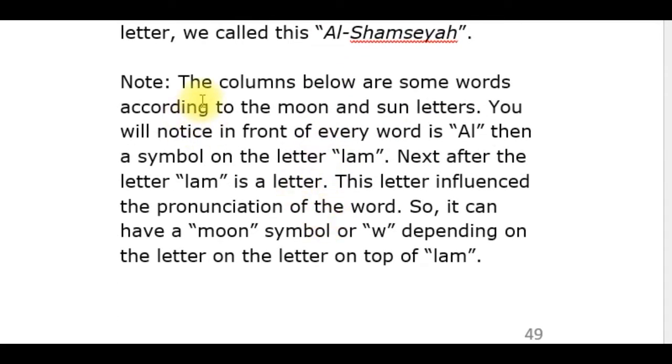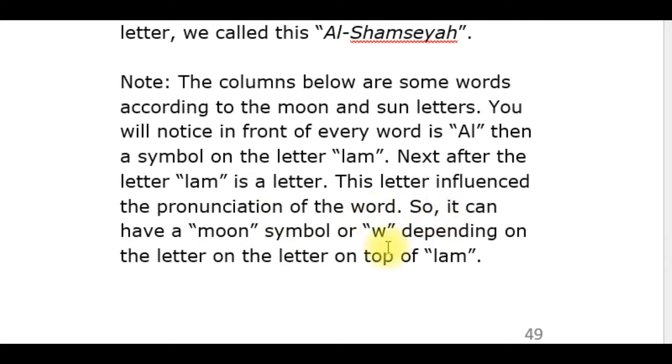Note the columns below are some words according to the moon and sun letters. You will notice in front of every word is al, then a symbol on the letter lam. Next, after the letter lam is a letter. This letter influences the pronunciation of the word.